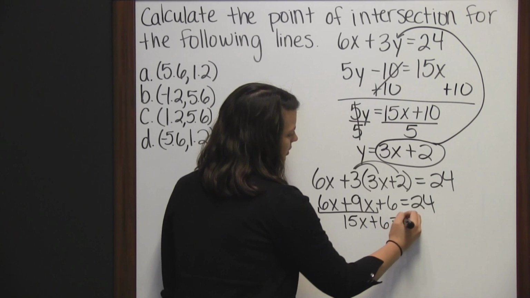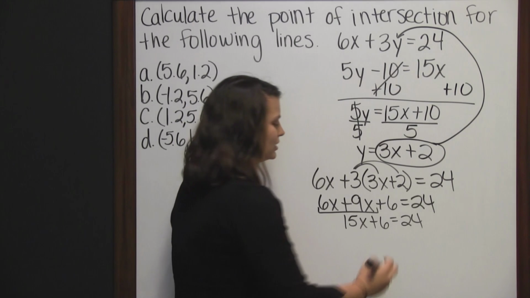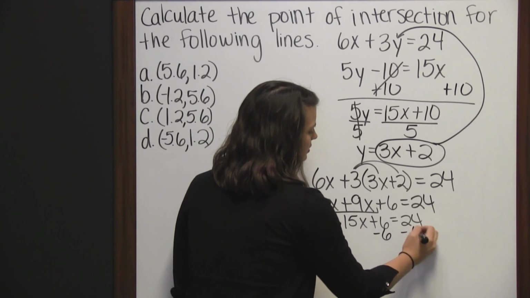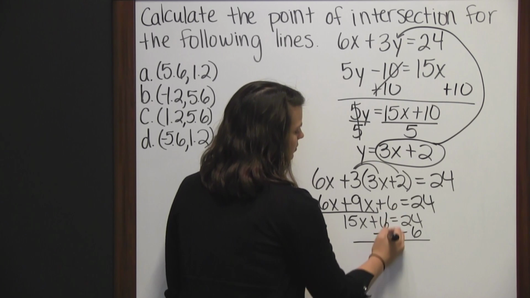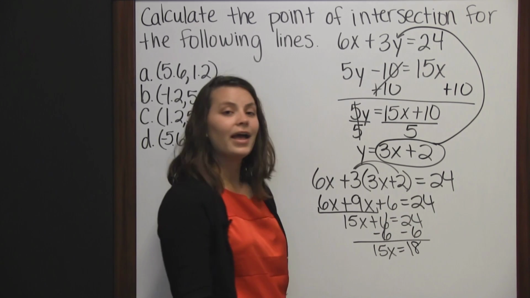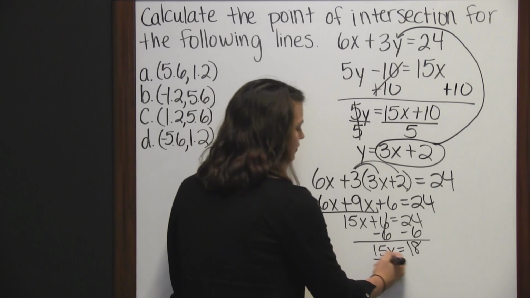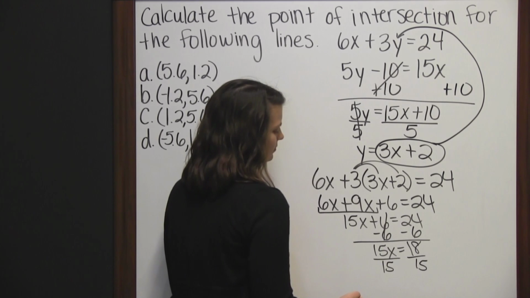Plus 6 equals 24. Then, we need to subtract 6 from both sides. So 15x equals 18. And finally, we need to divide both sides by the coefficient of x, 15.